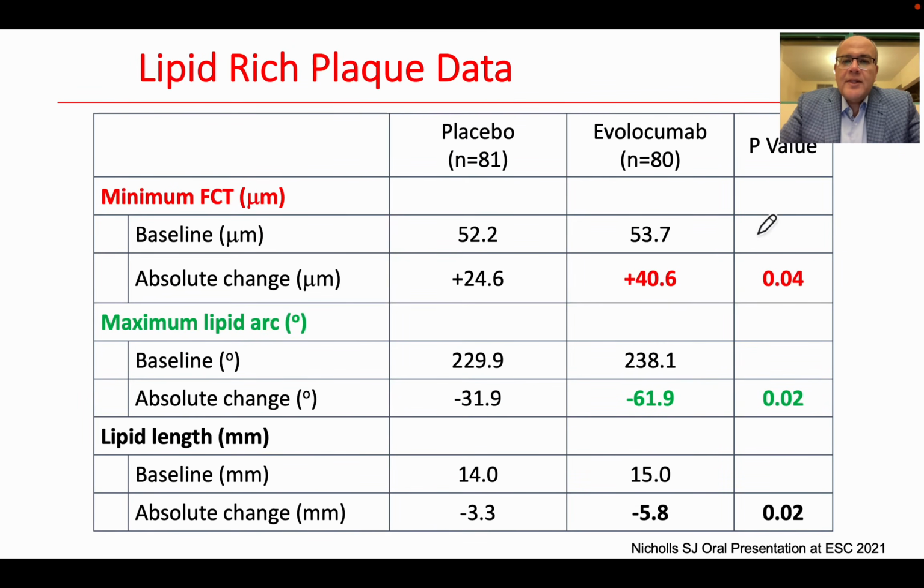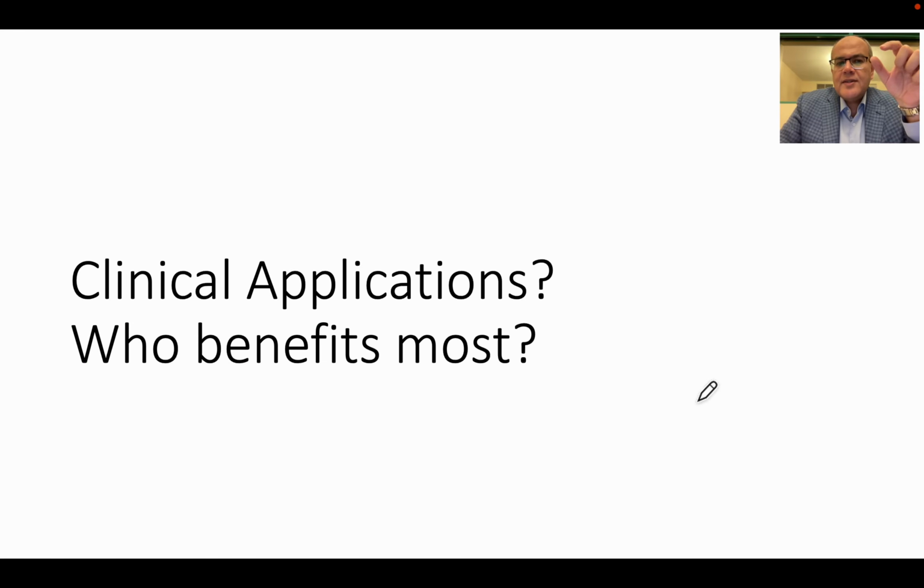And they found that patients who were given evolocumab, the fibrous cap, which is the capsule protecting the plaque, became more thick, which means that the plaque is more protected from rupture. And the arc of lipid, which is the dangerous part of the plaque, becomes less, and the lipid length, the longitudinal length of the plaque, also became less.